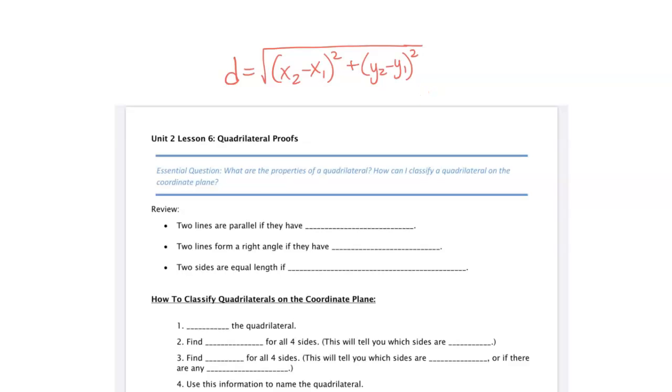Okay, but as a review, two lines are parallel if they have the same slope. Two lines form a right angle if they have opposite reciprocal slopes.